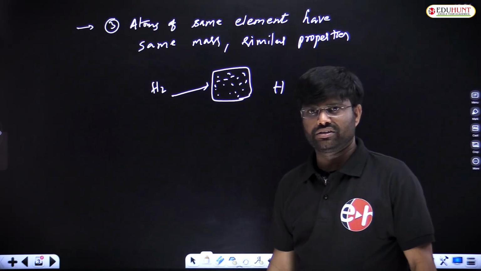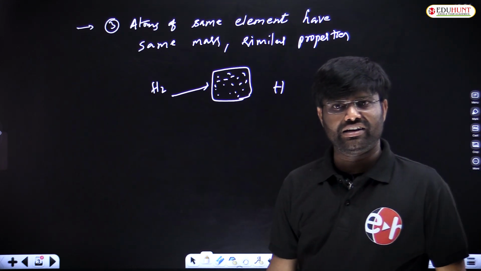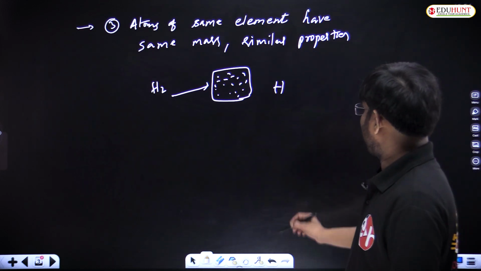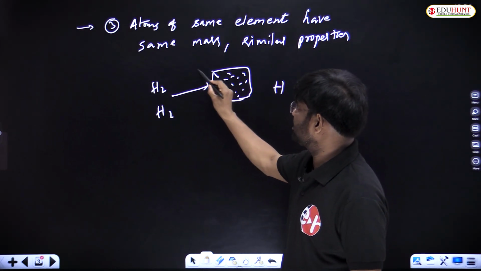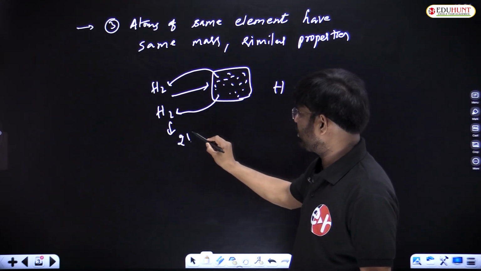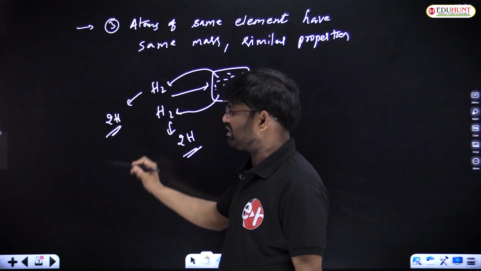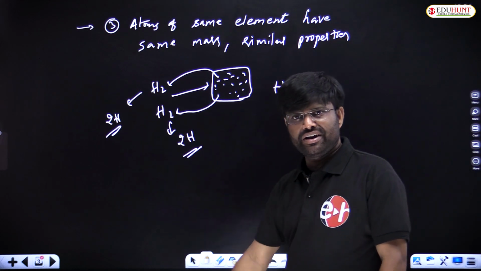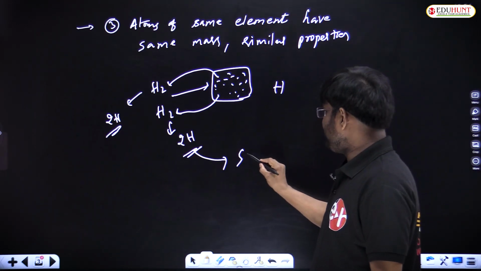This uncuttable particle, that is the hydrogen indivisible particle, can neither be created nor be destroyed. Like that, so many H2 molecules are there. This is an H2 molecule, this is an H2 molecule. In this, two hydrogen indivisible particles are there. These indivisible particles can neither be created nor be destroyed, and also they have the same mass.